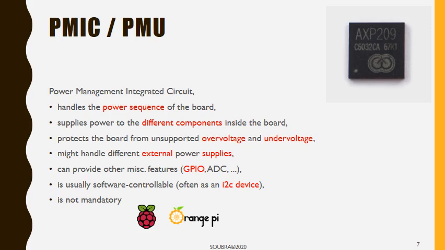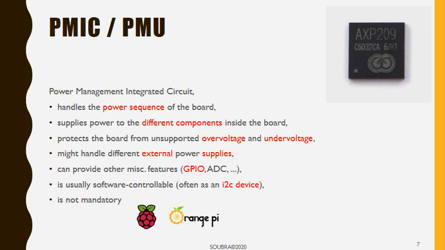If we're dealing with different sources of voltage, external voltages, it can handle those as well. It can give some extra general purpose input outputs, slots, something that you've seen in GSD, next to GPIO. So GPIO, general purpose input outputs.